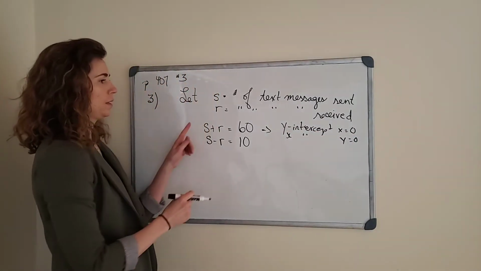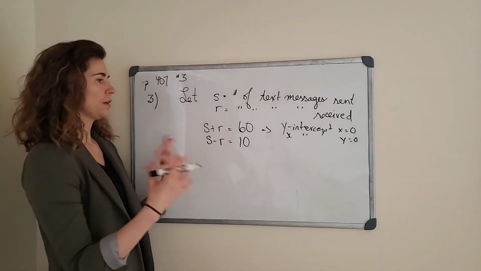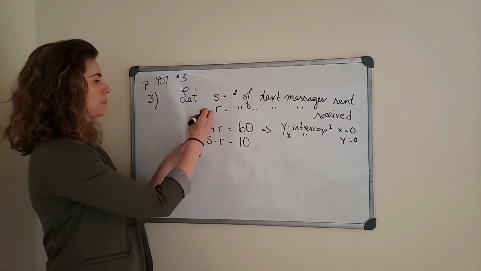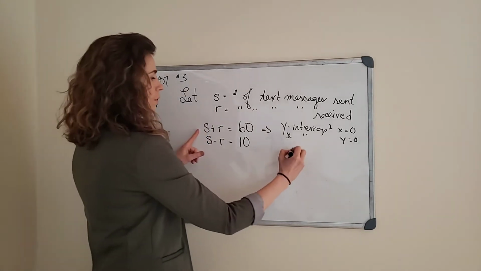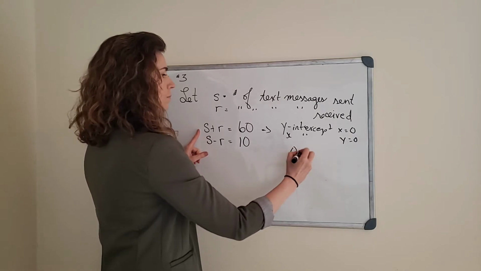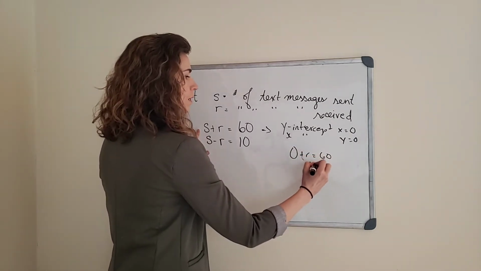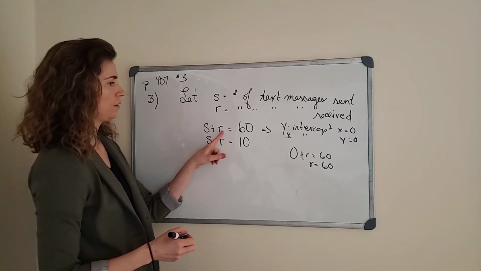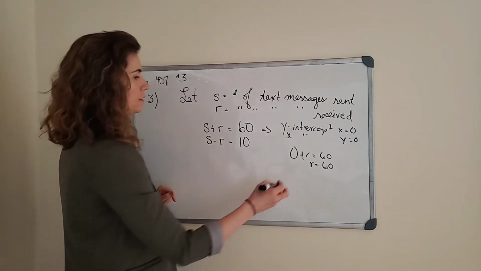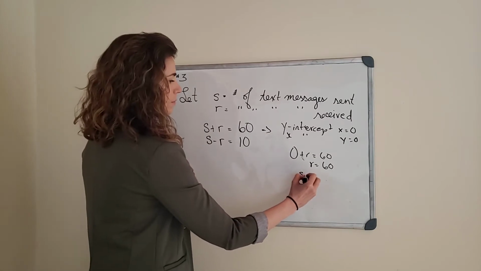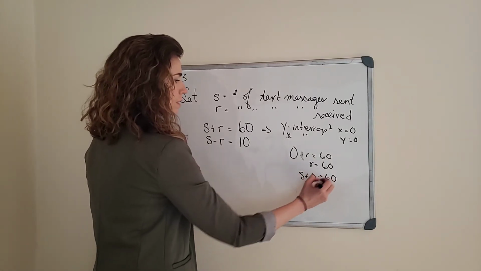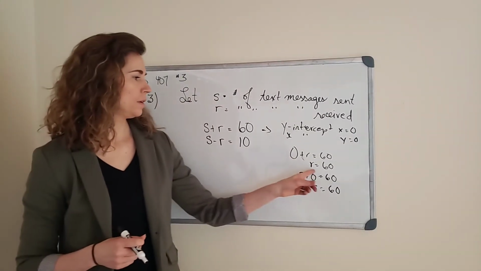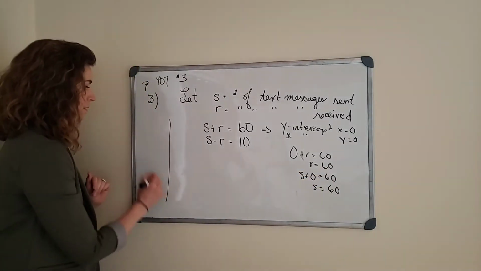So if I put in 0 for my, you can call it x or r, whatever you want it to be, we'd have 0 plus r is 60, so r equals 60. And then if I put a 0 in for r, s plus 0 equals 60, s is 60. So look at that. They both have the same intercept.